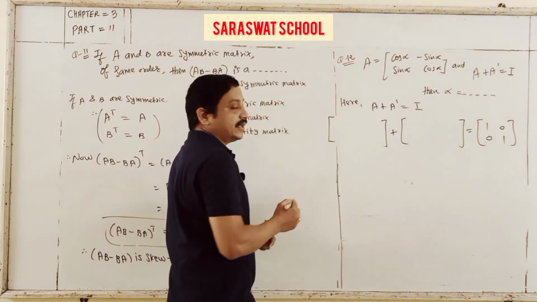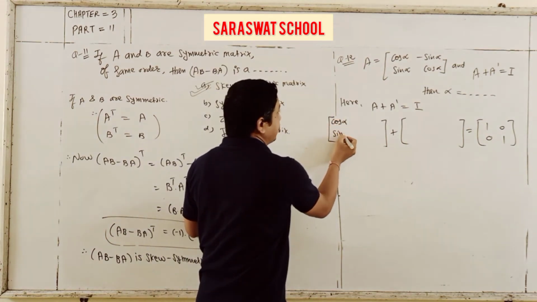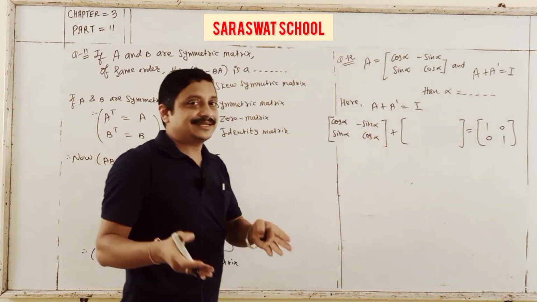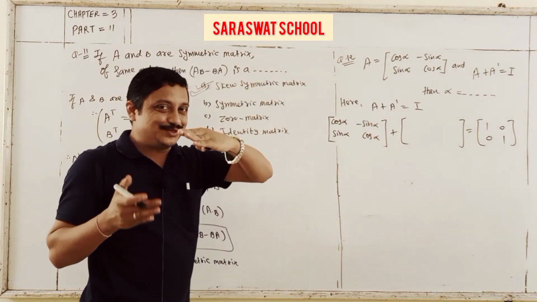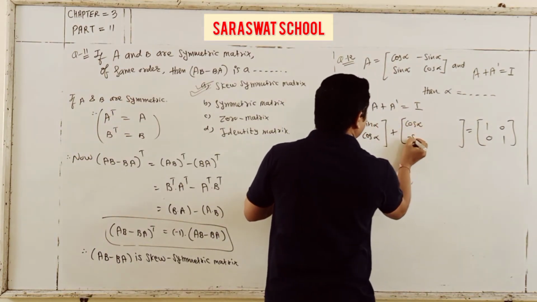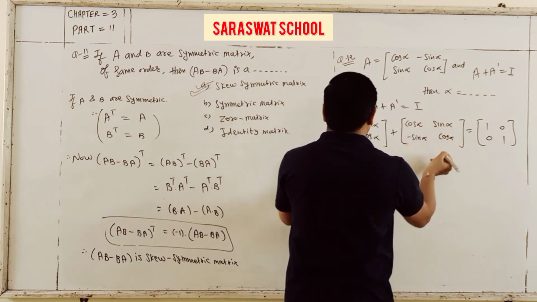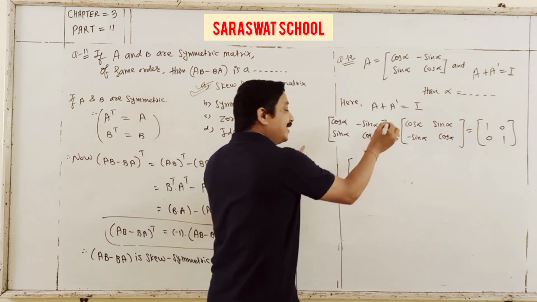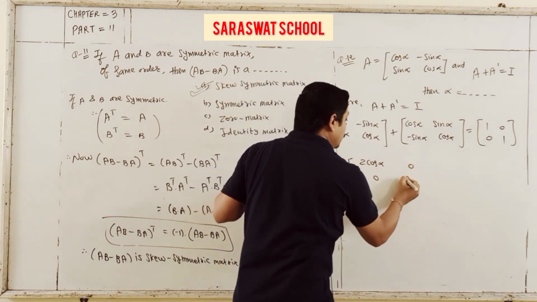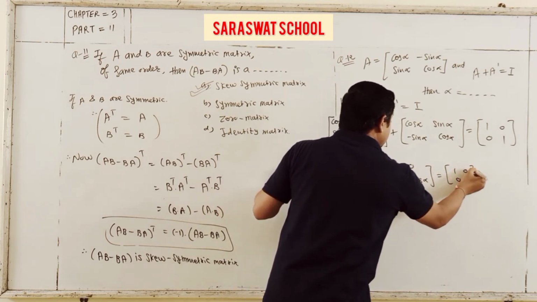My A matrix is cos, sin, minus sin, cos, and its transpose: the first row becomes the first column, cos alpha, minus sin alpha, sin alpha, cos alpha. Now adding both, it is 2 cos alpha, 0, 0, 2 cos alpha, and finally 1, 0, 0, 1.